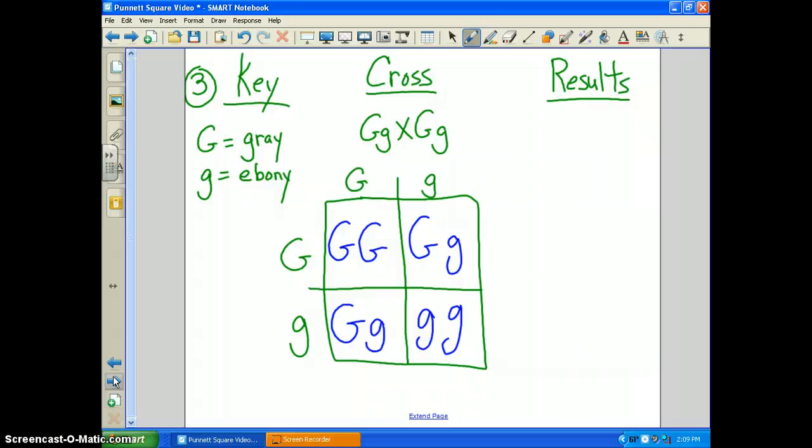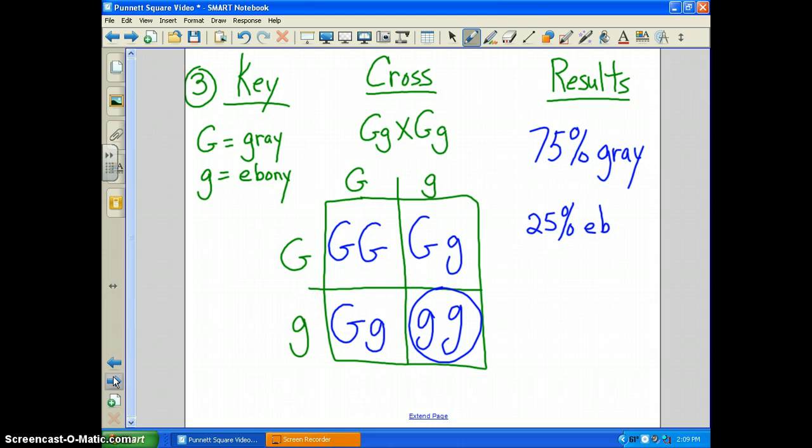Here's another gray. Here's another gray, and this one is ebony. So my results are 75% gray and only 25% ebony. Do you agree, Kevin? Good. Okay, check your work, correct it, and let's move on to number 4.